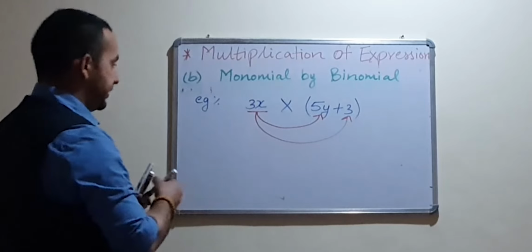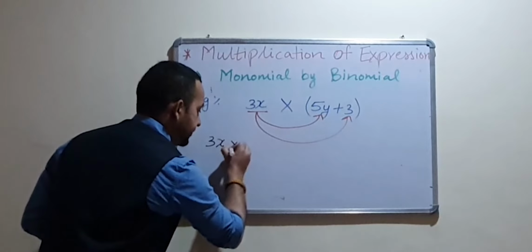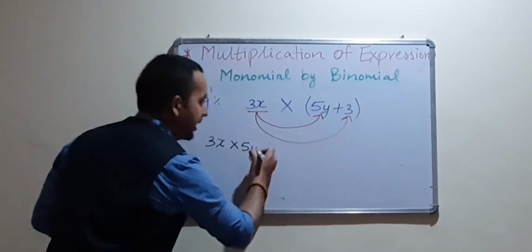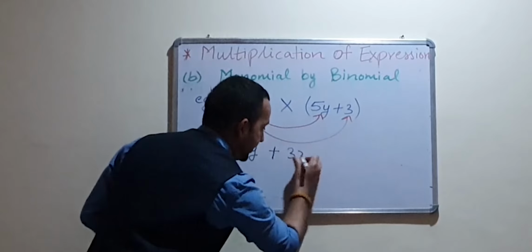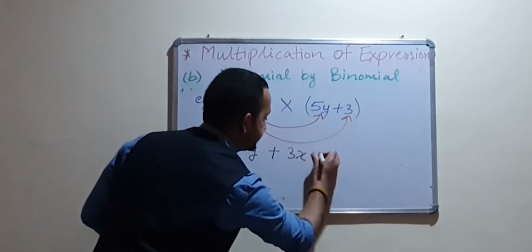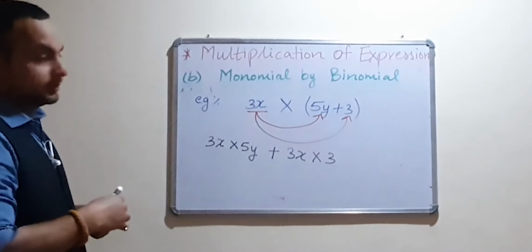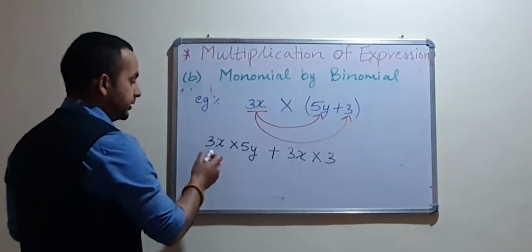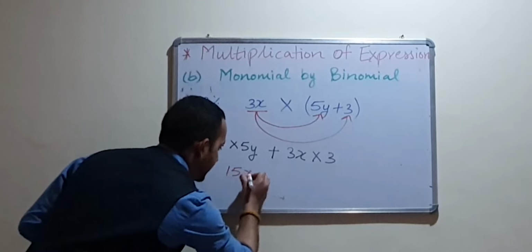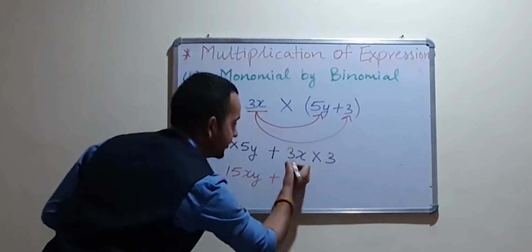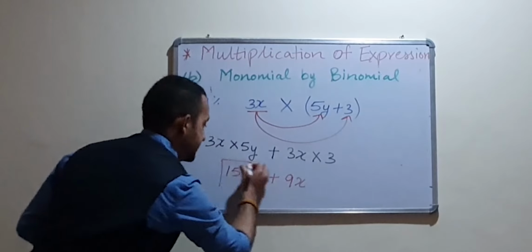So when we solve this, 3x first multiplies with 5y, and then we write plus, and again 3x will multiply with the 3. Now 3 fives are 15xy plus 3 threes are 9x. So this is your answer.